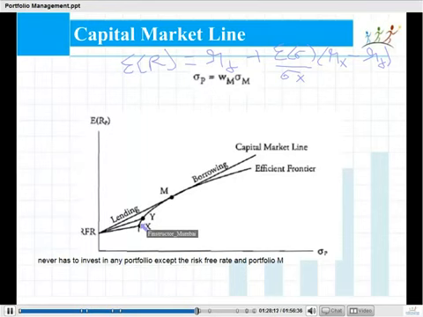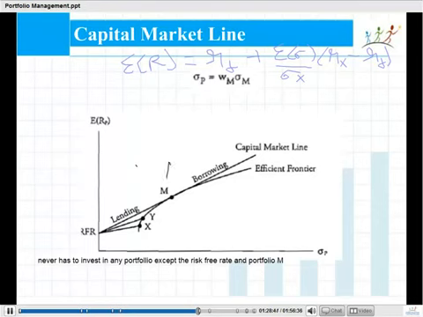Portfolio M is also called the market portfolio. Portfolio M, which the investor will combine with the risk-free rate to create the best combination of risk and return, to create the new efficient frontier, is also called the market portfolio.